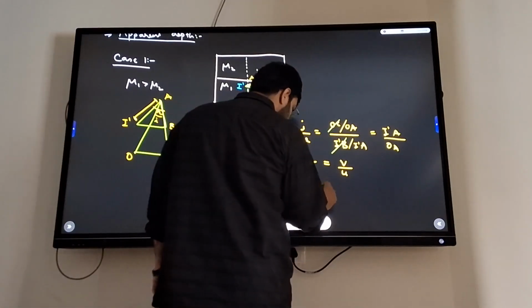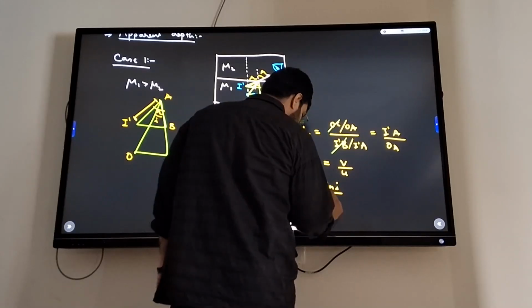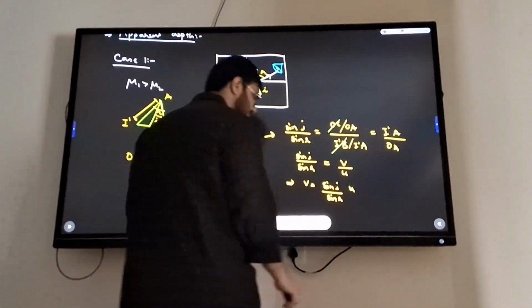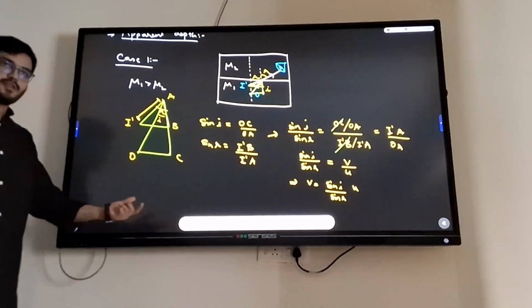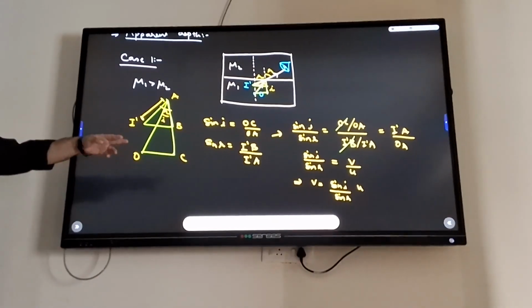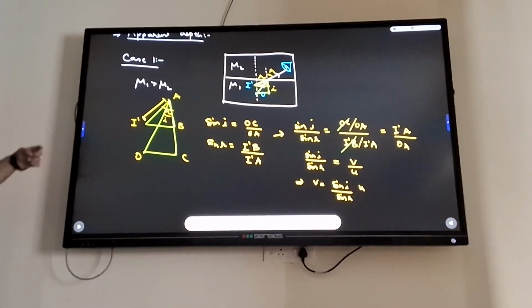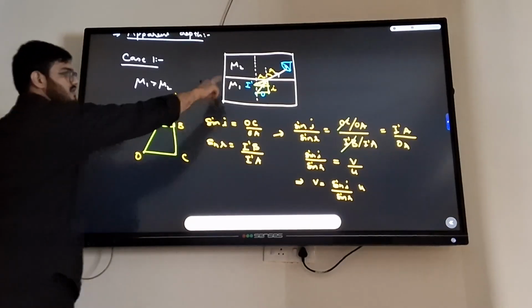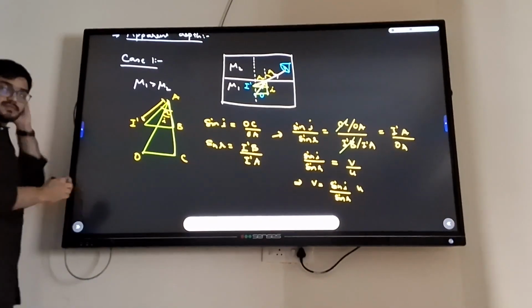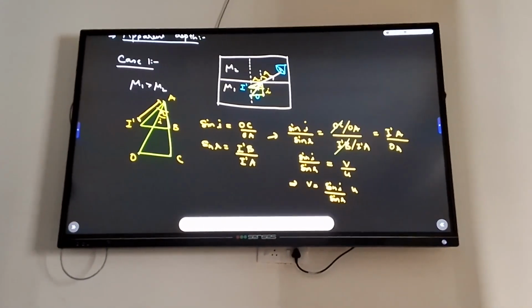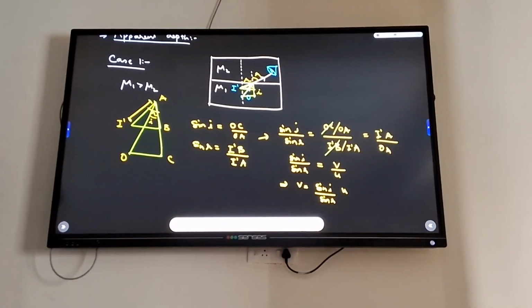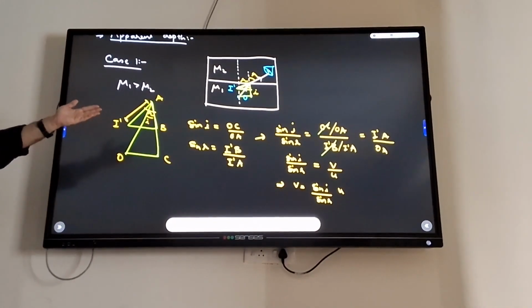V is equal to sin I by sin R into U. Can you tell me by Snell's law? I can write it in terms of mu as well now. Apply Snell's law and tell me what should be the relation between mu and sin.